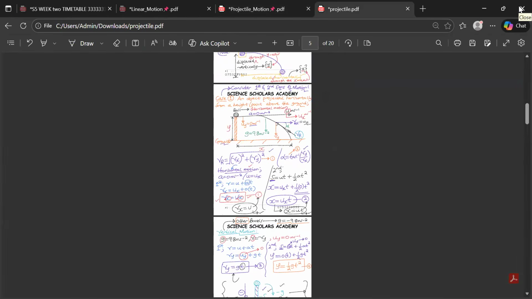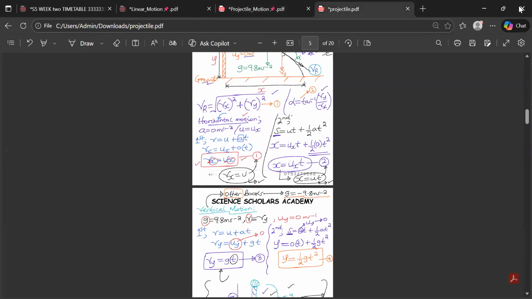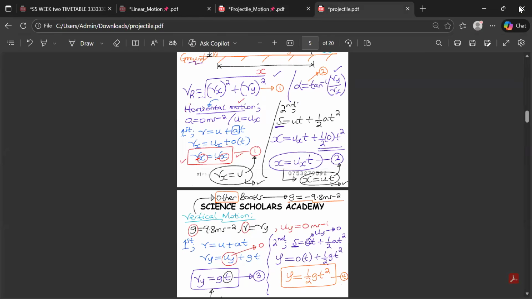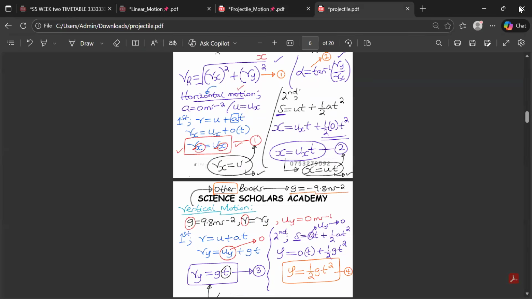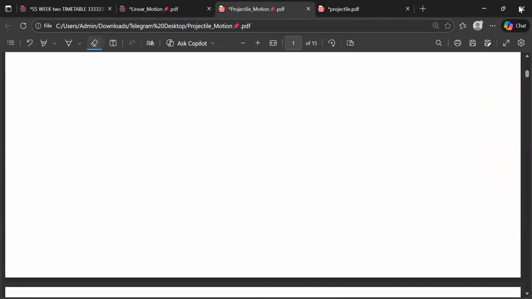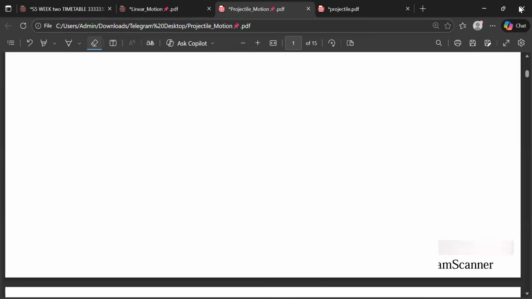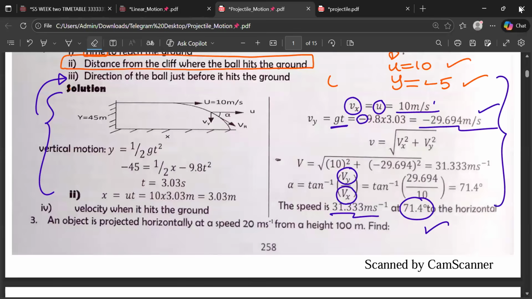I always want you to leave the place when you're happy. I want to just show you that whatever we have derived has been used. This question is the same as the one we have just done. The one we exposed. They are the same questions. So I just want to show you something so that you leave this place happy and contented. The things are actually doable. Why is this thing misbehaving?